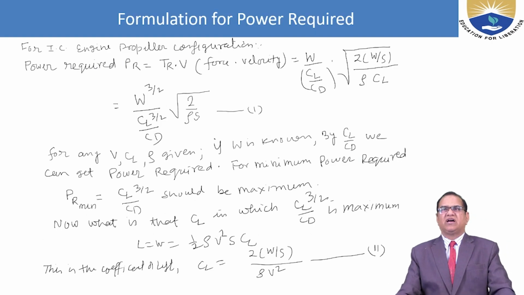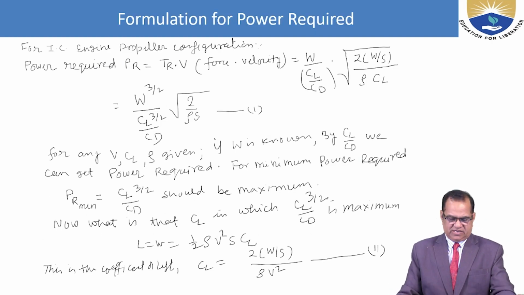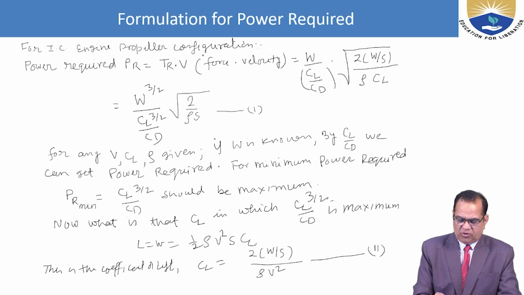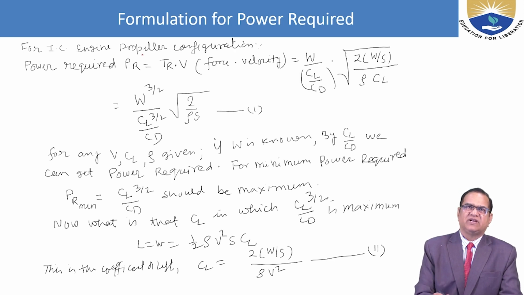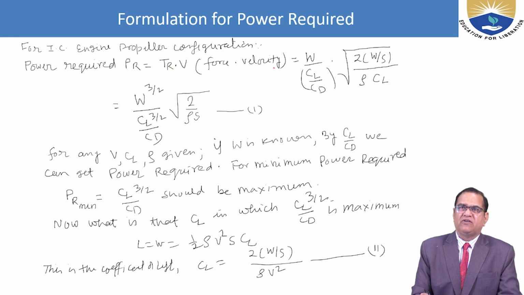So for the formulation of the power required, for an IC engine propeller configuration, power required PR is equal to TR into V, and we know that TR is equal to W by CL by CD, and V is equal to under root 2W by S by rho CL.